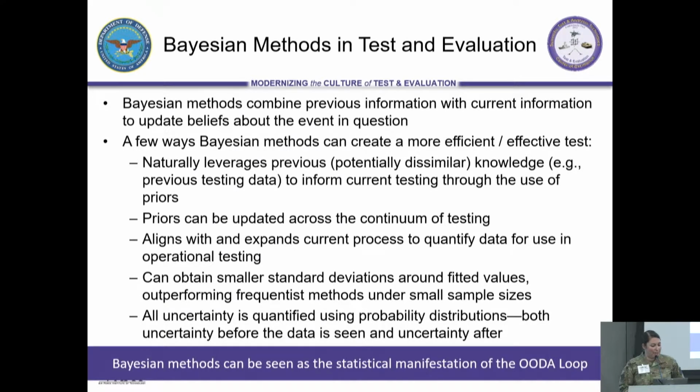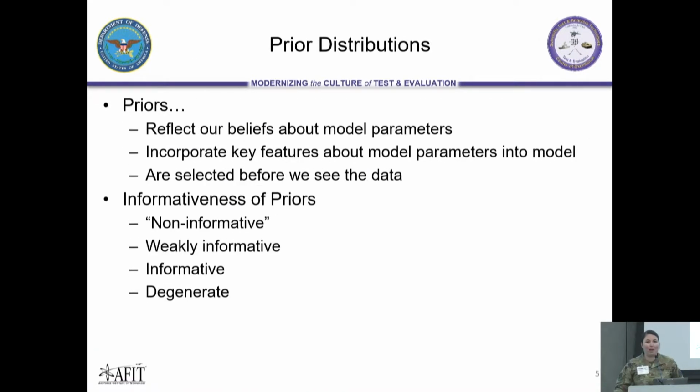So we're going to talk about what priors actually are. Priors are a way to reflect our beliefs about the current state prior to testing. What do we think we know about model parameters coming into a test? Especially if we're later in testing, we probably know something about how altitude is going to affect the aircraft if they're trying to employ a weapon system.